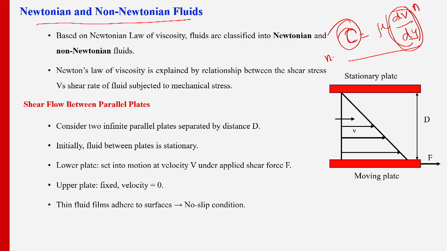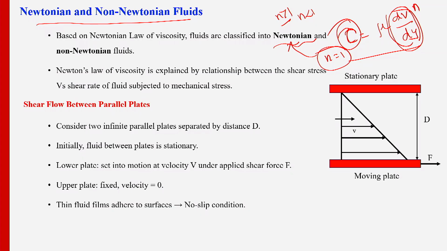If n equals 1, it always obeys the Newtonian fluid behavior. If n is less than 1 or greater than 1, it is called a non-Newtonian fluid.